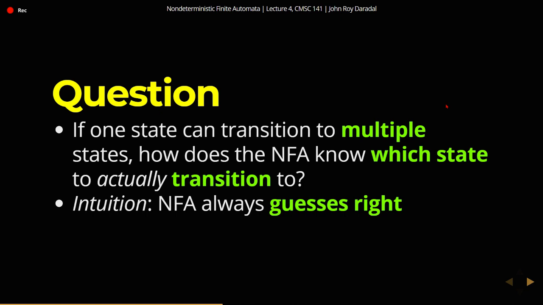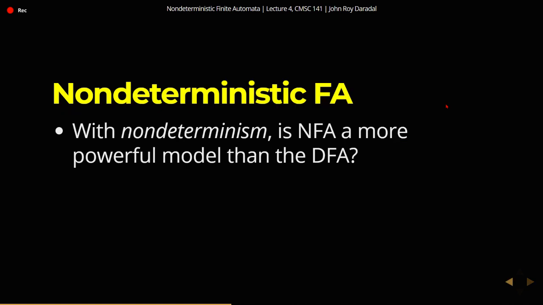It can guess that if it takes this path, if it takes this state, it will end up in the accepting state. So you can think of the NFA as having the power to guess correctly which state leads to the final state. This seems like a good power to have, right? The power of non-determinism, that you can choose the correct path from among many possible states.